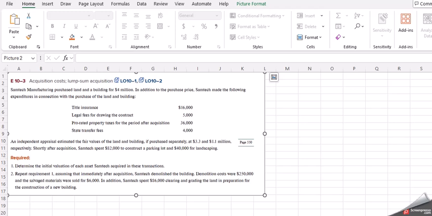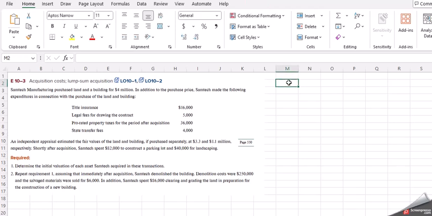Okay, so we'll start there, and I think I'll go over to this side here. So we have land and building. So we're going to end up having, I'm going to just do the total cost that they're going to end up paying.